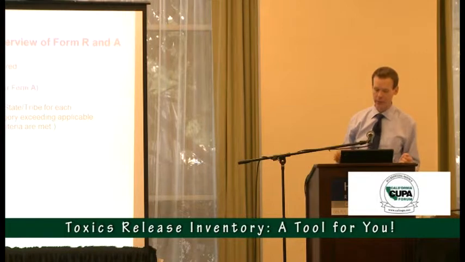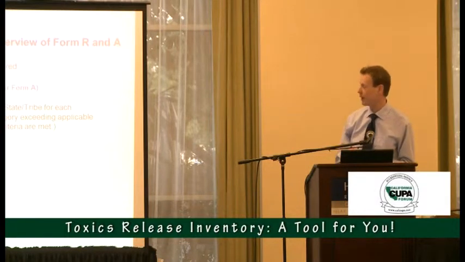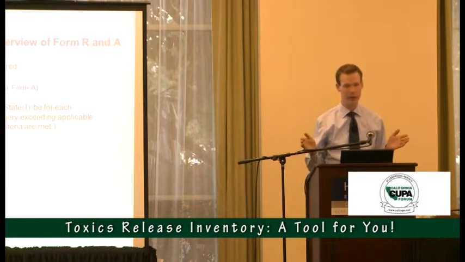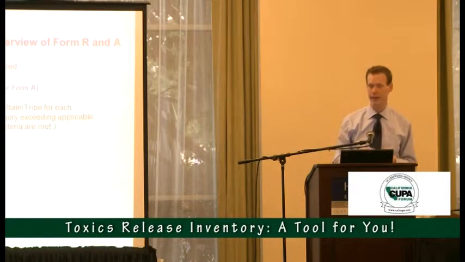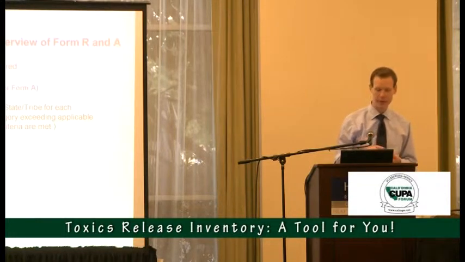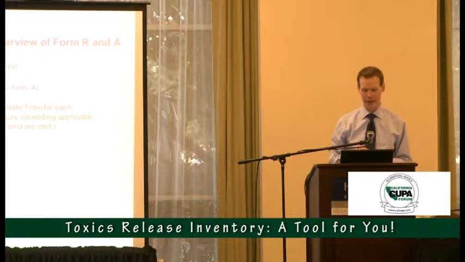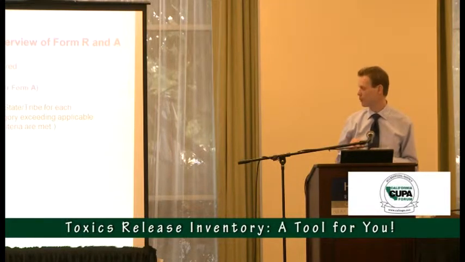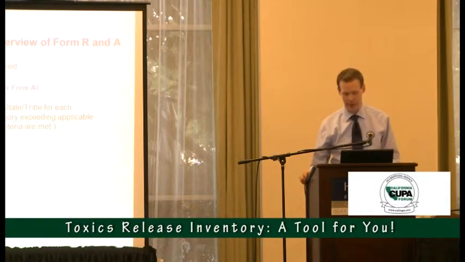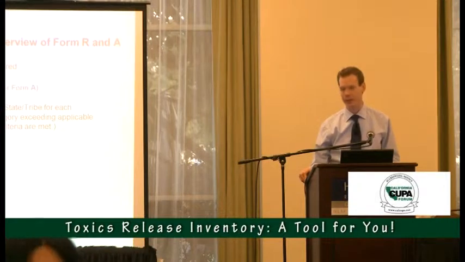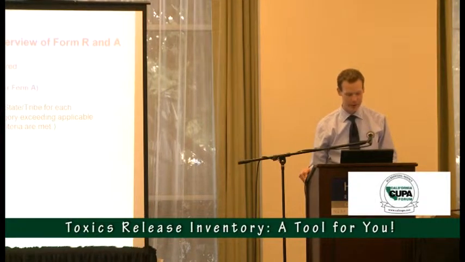Next, there's chemical-specific information, and Form R is the more thorough form that has detailed release and waste management and pollution prevention information included. And then Form A is more limited, and we'll discuss Form A a little bit more in a second, but you don't provide as much detailed or quantitative information on a Form A.